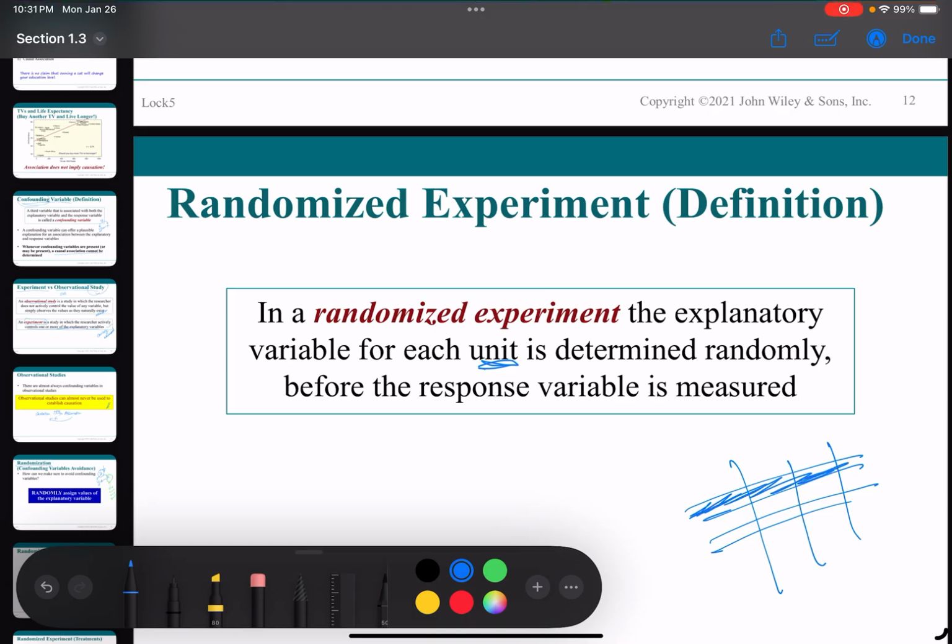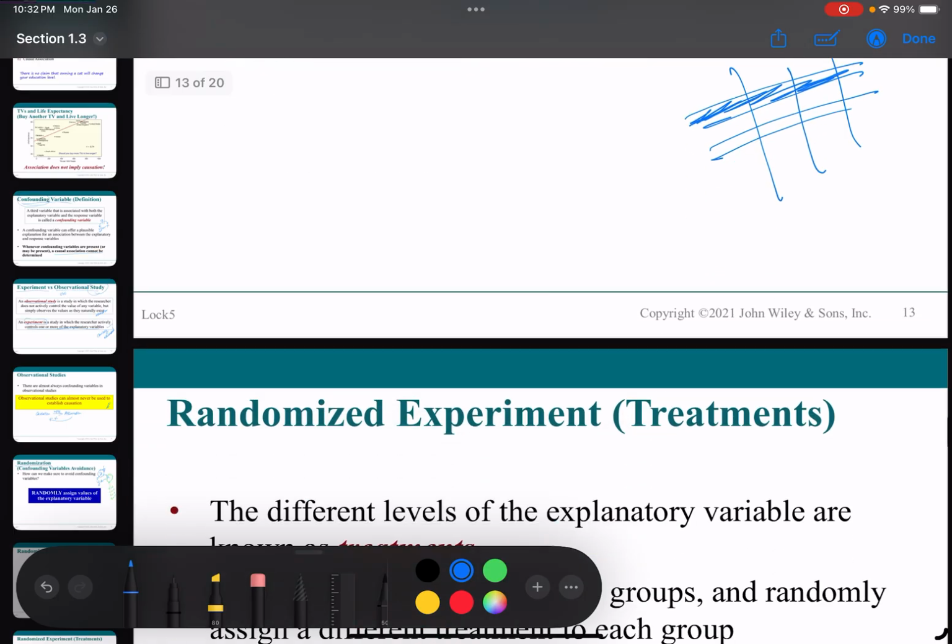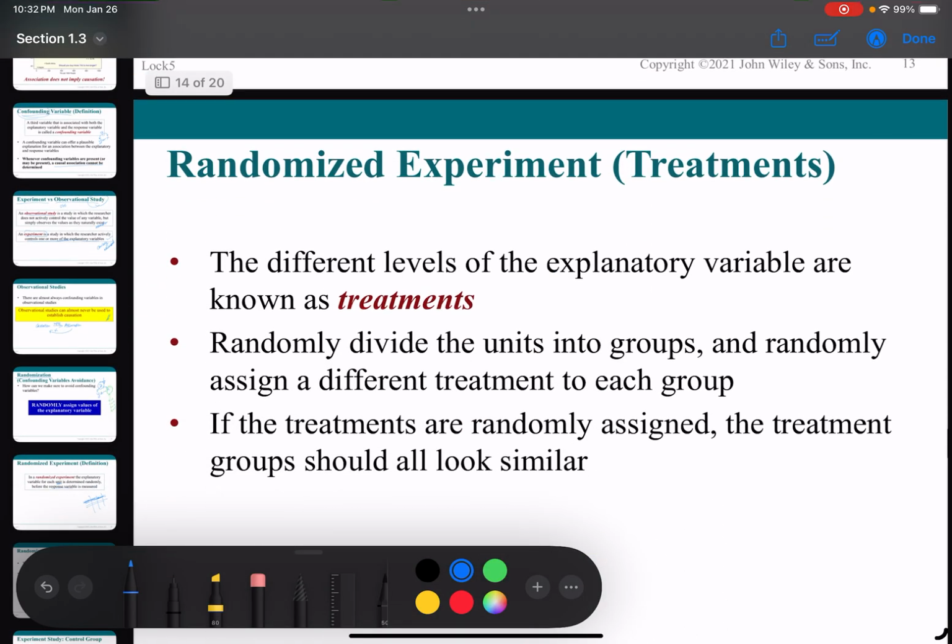When we collect the data across different variables, we assign randomly before we get the responses. That's how we randomize these experiments, so we can avoid, or simply reduce, the effect from the confounding variable.